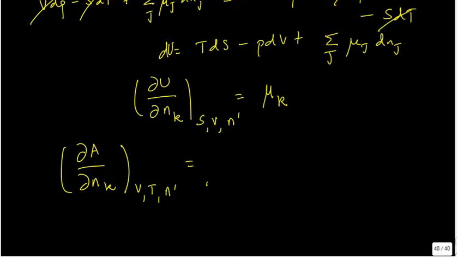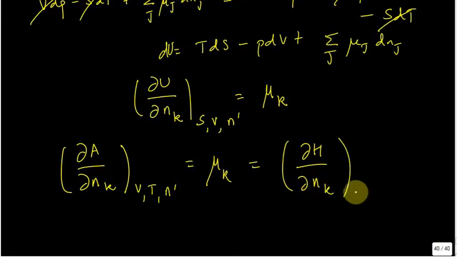And that should be equal to mu k, which should also be equal to the change in enthalpy with respect to the change in component k at constant entropy, pressure, and the rest of the components fixed. So if I define the chemical potential, I have defined essentially the change in all the thermodynamic functions. It's not just limited to the Gibbs free energy, though we will talk in terms of the Gibbs free energy because of obvious reasons.